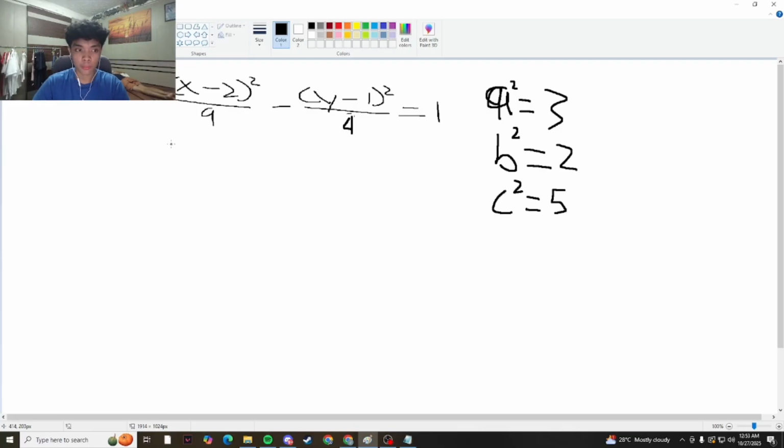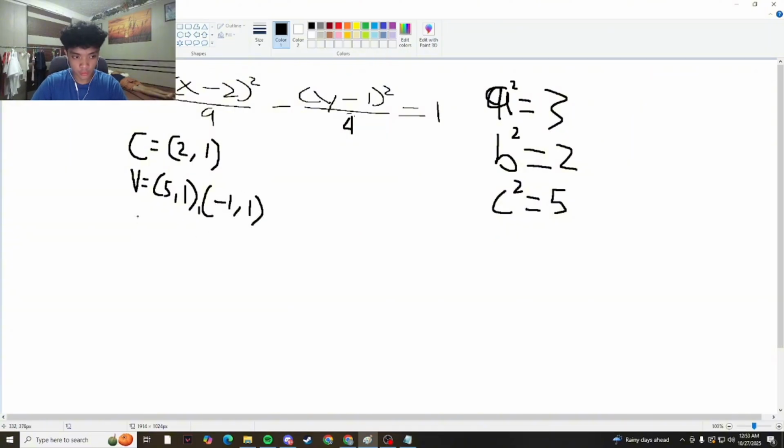We can now find the properties. So we can find the center, which is equal to 2, comma 1. And the vertices are 5, 1 because 2 plus 3, and negative 1, 1.